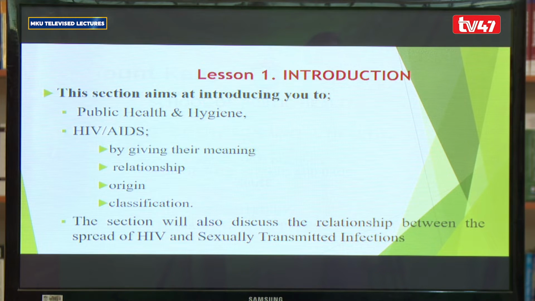Also, you shall look at HIV and AIDS, giving the meaning, the relationship, the origin, and the classification. The section will also discuss the relationship between the spread of HIV and sexually transmitted infections.